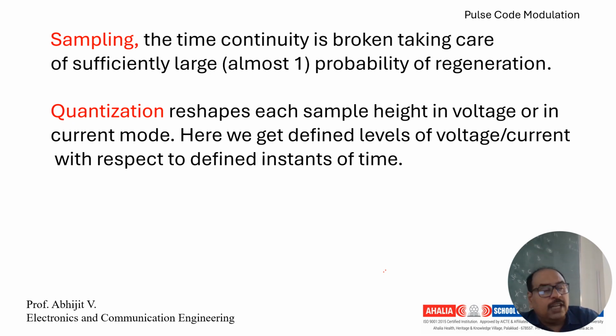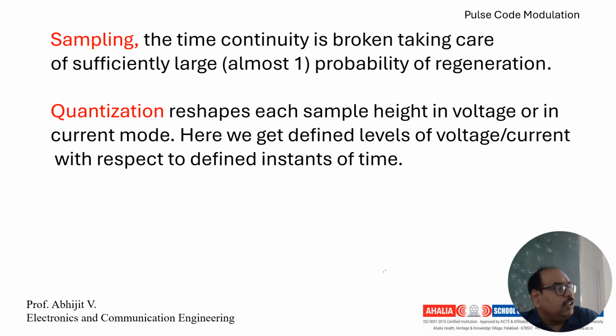In the previous class, I told you that waveform encoding means sampling, quantization, and encoding. I hope all of you remember that, right? The last class we have dealt in detail about waveform encoding, in which I told you that waveform encoding consists of three parts.